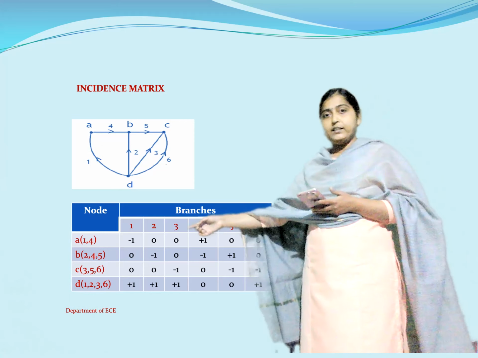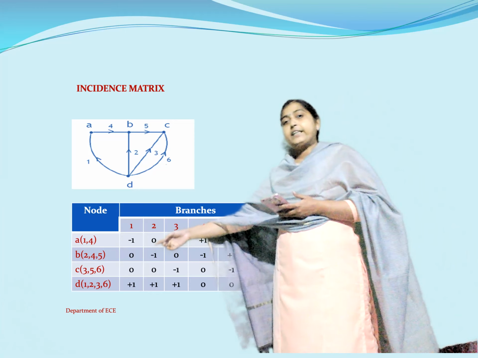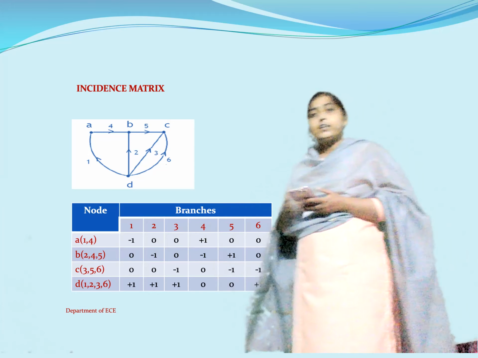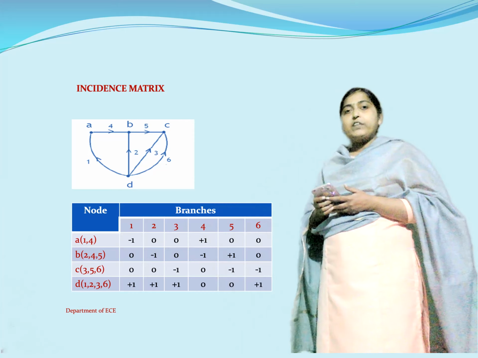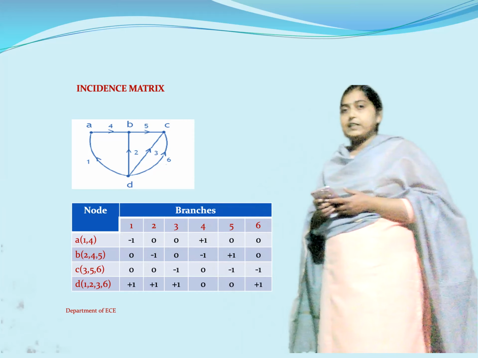You can see that here. If the current is entering the node, so 1 is entering A, that's why I have written -1. Now if the current is leaving the node, then we write it as +1. I hope it is clear to everyone.